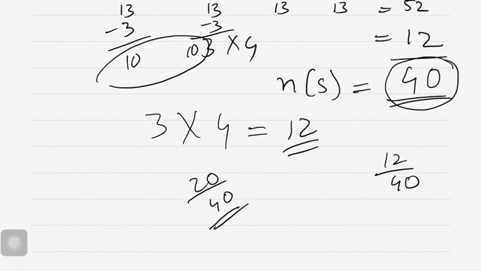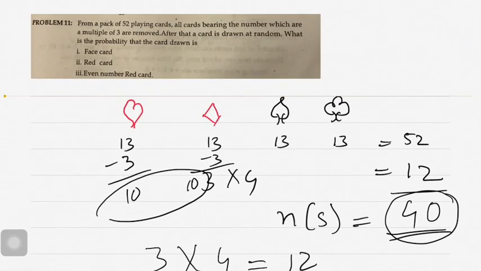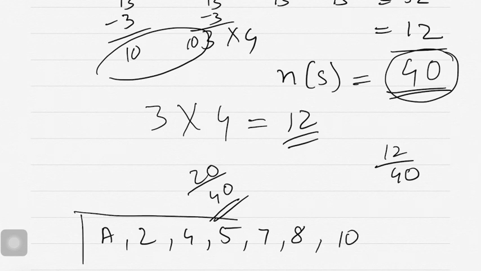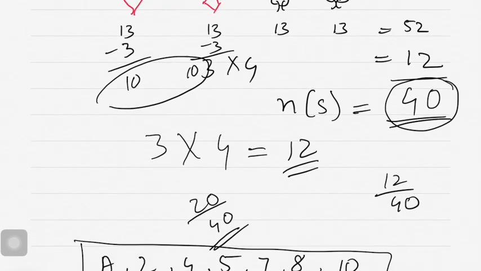Okay. Even number red card. Okay. What all are the cards which are remaining? First, let's see that. Ace is not an even number though. 2, 3 is not there. 4, 5, 6 you have already removed. So 7, 8, 9 is removed and 10. These are the number cards which are left.